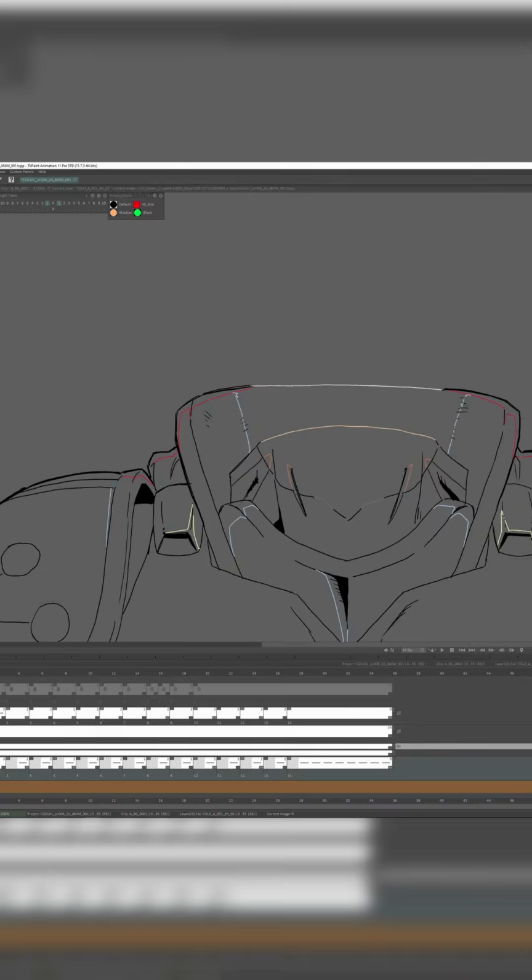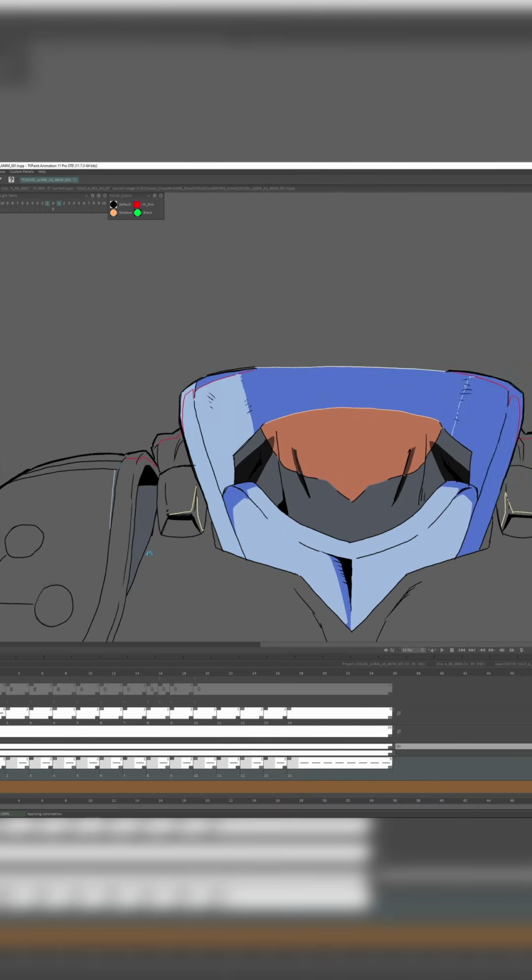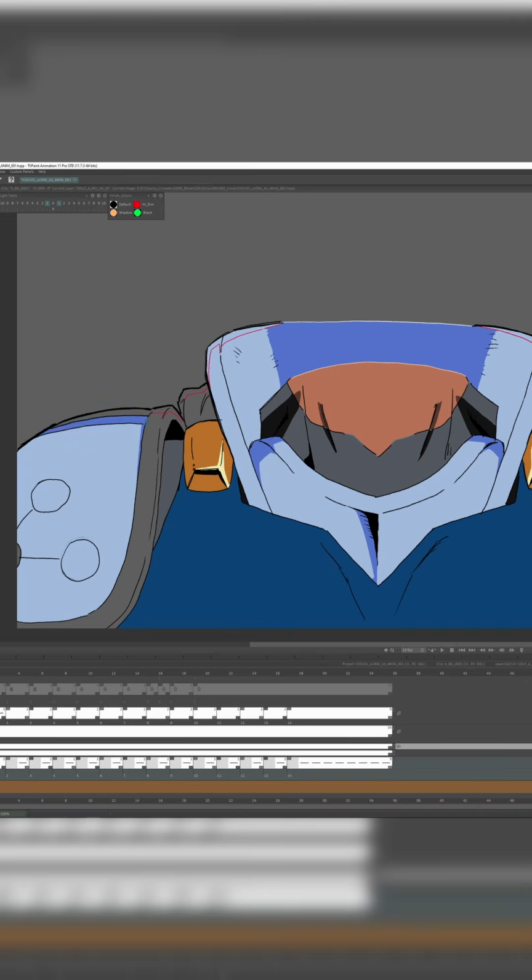One way that I can think that they might have been able to go about this is, so the line art was Xeroxed onto the acetate, right?